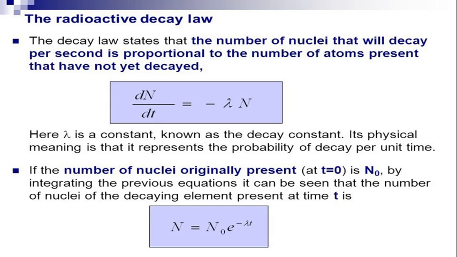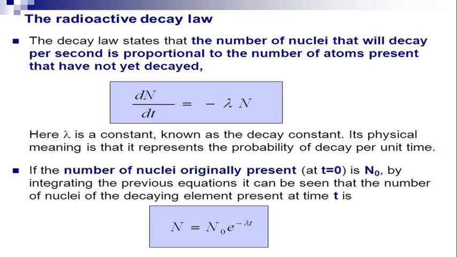Its value is a characteristic of a radioactive substance, and it gives you the decay probability of the sample, or it represents the probability of decay per unit time.